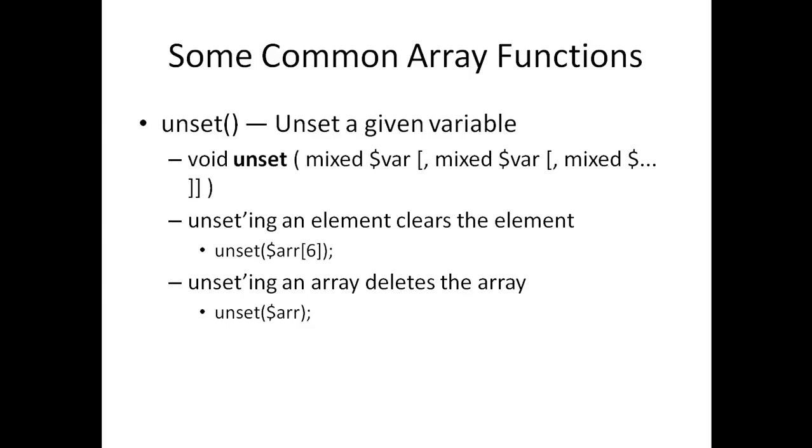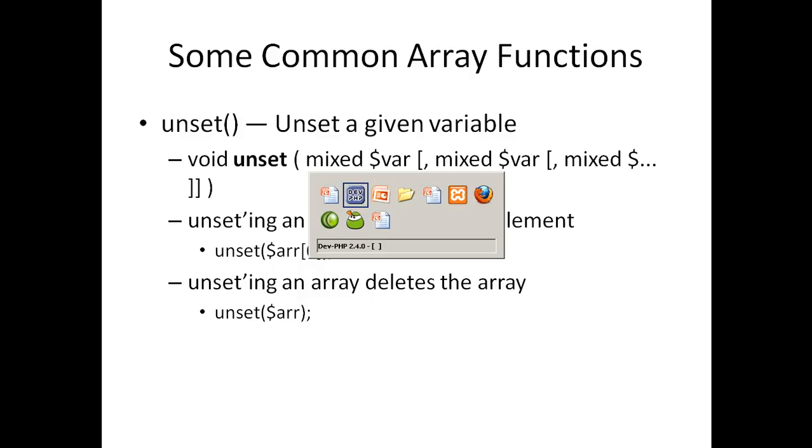So here are some common array functions. You have unset, which unsets a given variable. So unset returns nothing, and you can pass it pretty much a list of mixed variable types. Unsetting an element clears the element. So if you unset array element 6, it goes away. And if you unset the array, you actually delete the array. So I'll give you a little demo here.